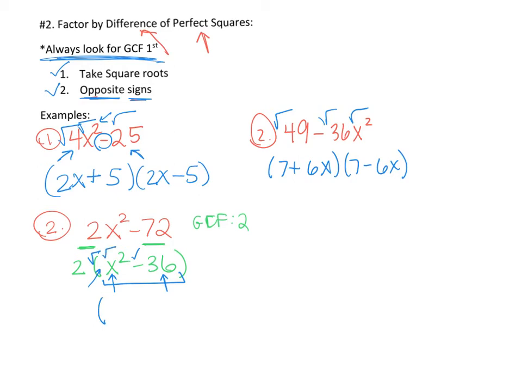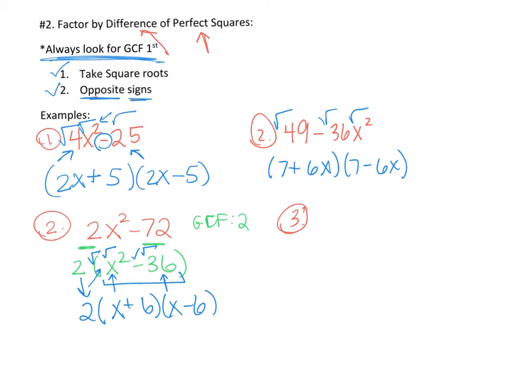The square root of x squared, which is x. The square root of 36, which is 6. One gets a plus, one gets a minus. Oh, and don't forget that GCF from the beginning. All right. Oh, I think I'm off a number here. Oh, well, it's okay. So let's look at the next problem here.